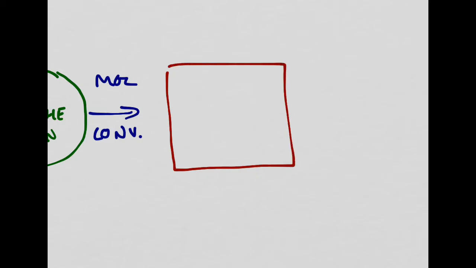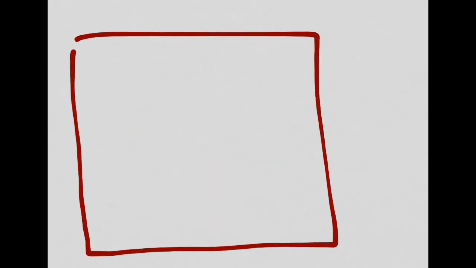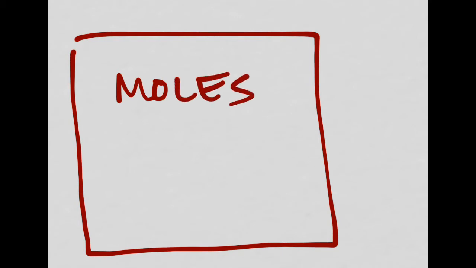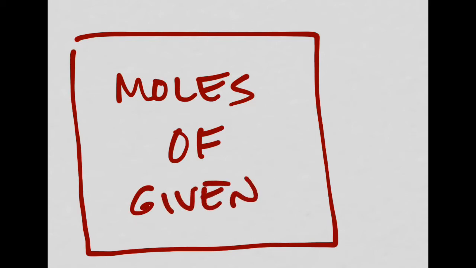And then once you have those moles in hand, I'm going to go to a rectangle here, then you're going to have the number of moles of whatever that substance was. So moles of your given.